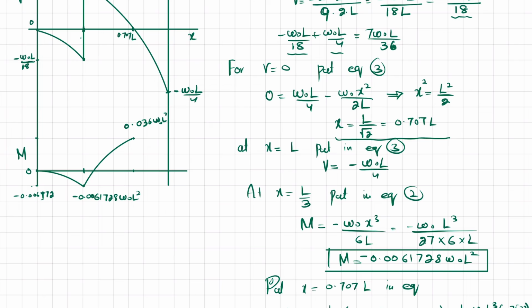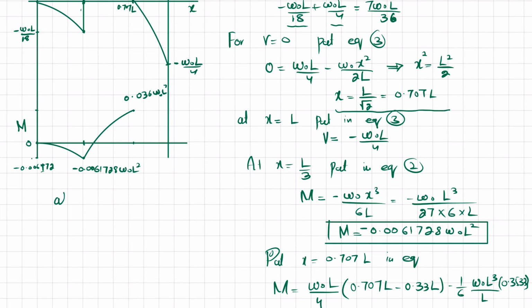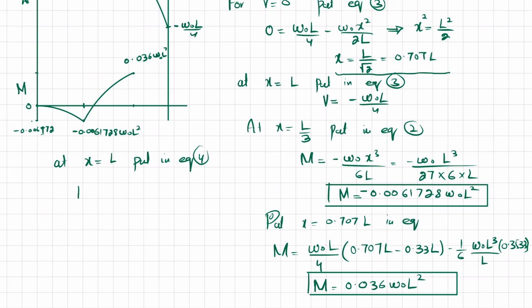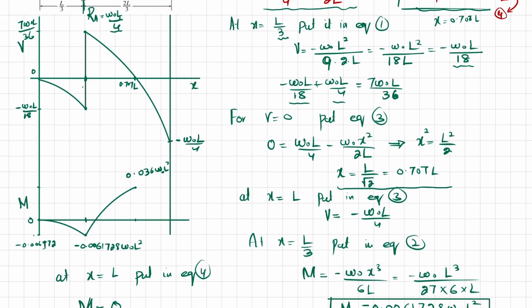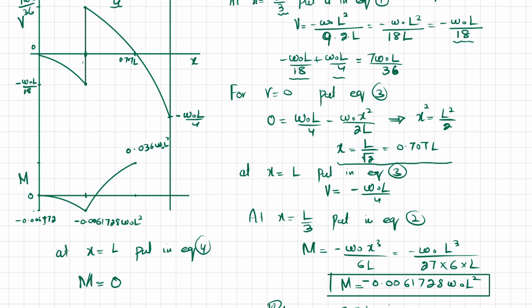Now at x is equal to L, put it in equation number 4. So when you put it in equation number 4, you will get moment equal to 0. You can put it by yourself in this equation and you will get the value equal to 0. So we will have moment at this end as 0.